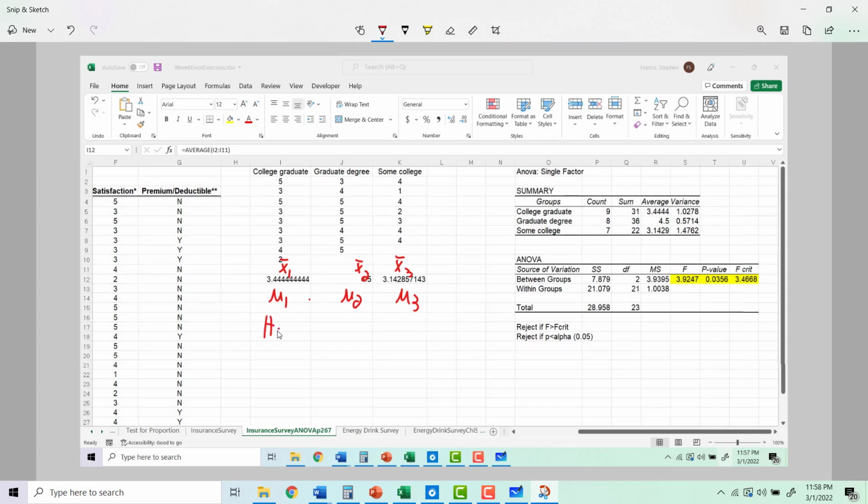So, for the ANOVA, our null hypothesis is all means are equal, and H1 is at least 2 means differ.